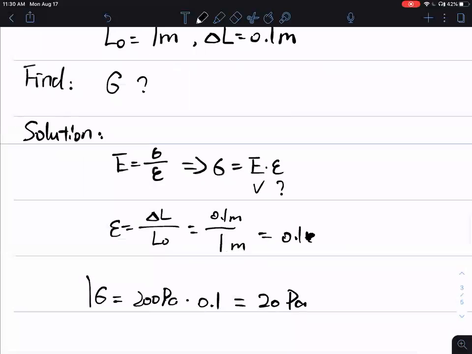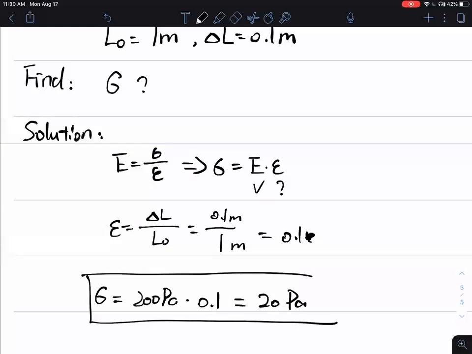So in this case, you need to apply 20 Pascal stress to this material to reach the deformation delta L equals 0.1 meter. Pretty straightforward, very easy math. Most of the math in this class won't be very fancy or complicated. It's all about understanding.